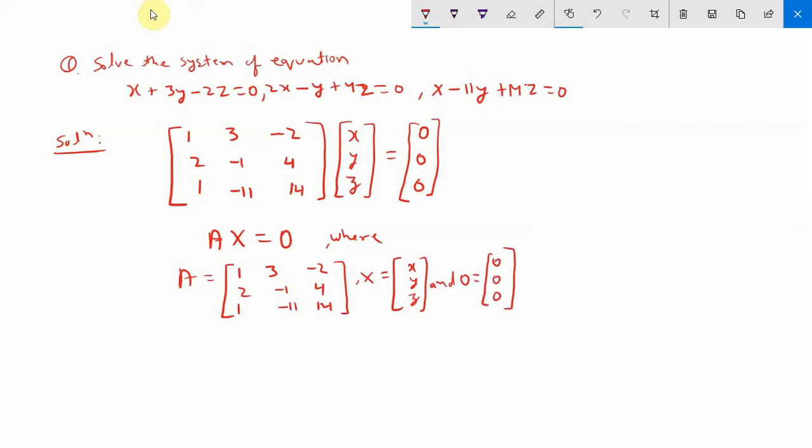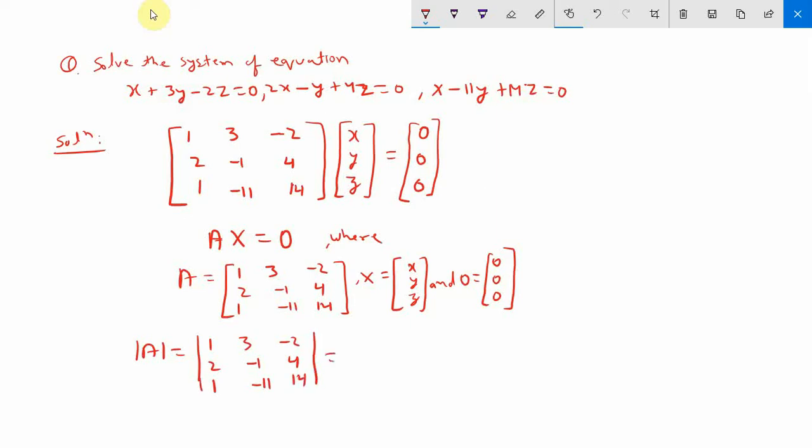Okay friends. Now we will calculate the determinant of A, which is given by 1, 3, minus 2; 2, minus 1, 4; 1, minus 11, 14.